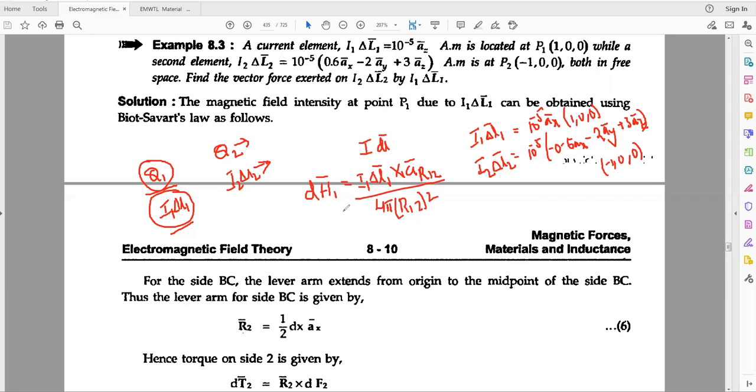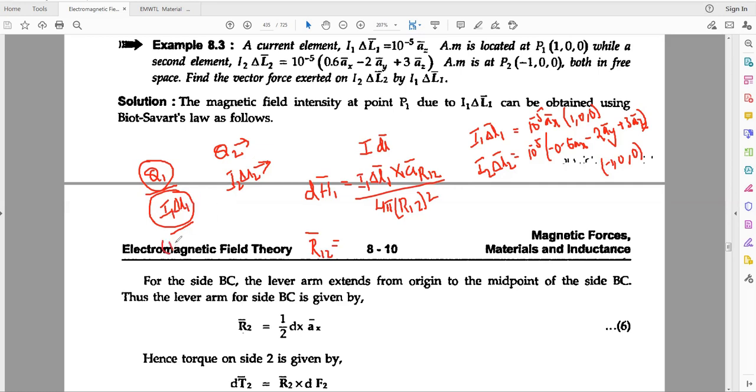Okay. And what is R12 bar equal to? We have only the AX terms here. At the point P1 and the point P2, there is only X, with no Y and Z. Here I2 delta L2 is the receiving end and I1 delta L1 is the sending end.